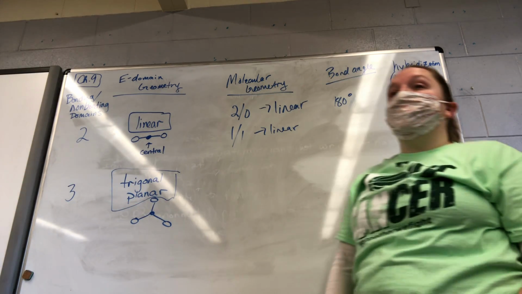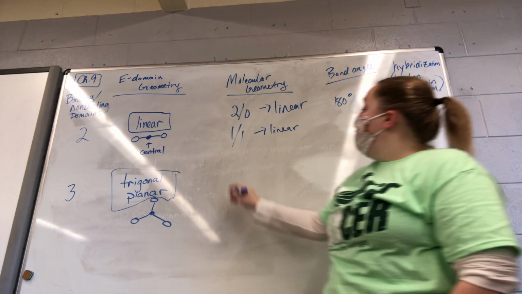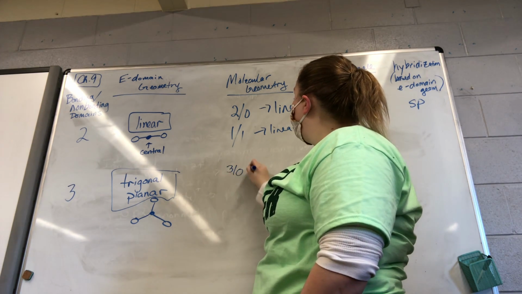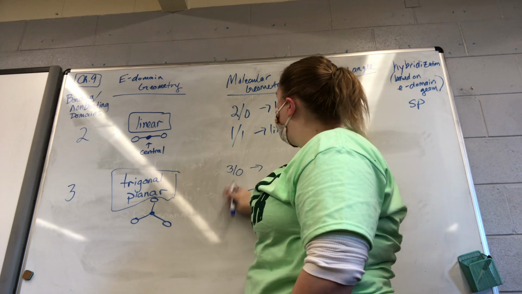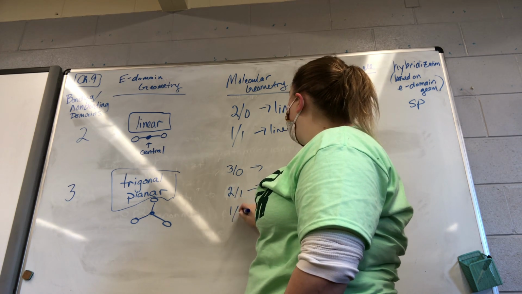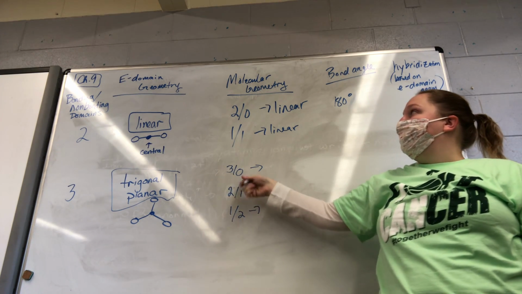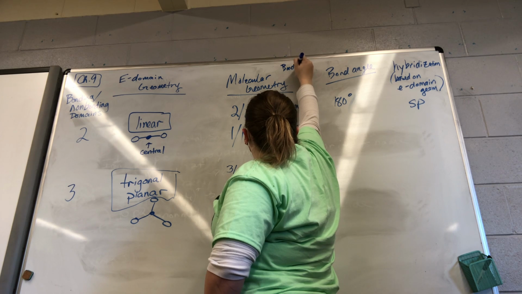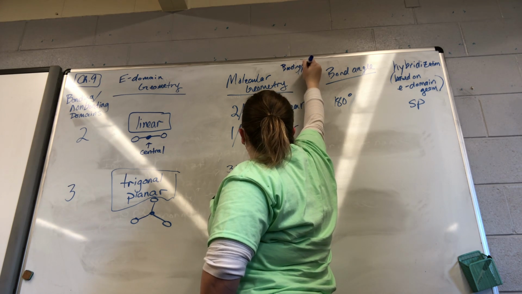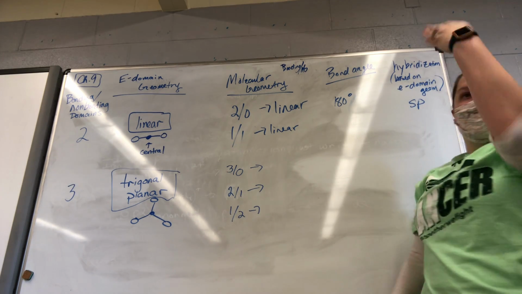It's going to be a trigonal planar molecule as far as the electron domain geometry is concerned. From there, we can talk about what happens when we have bonding, non-bonding. That's what these numbers mean. Make a note. Bonding / non-bonding. Bonding number on the left.